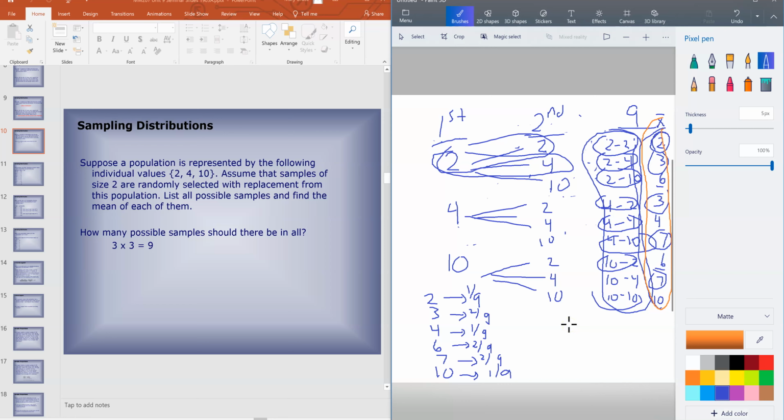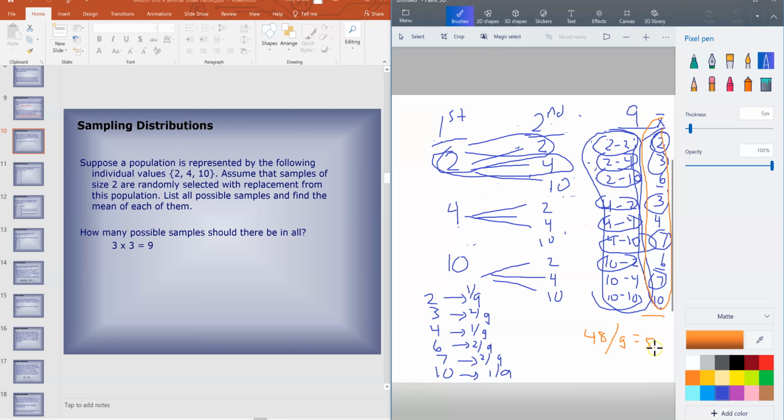Let me grab my calculator. All right, so if you add up and average out all the possible sample means, I end up adding these up and getting 48, but since there's 9 of them, I divide by 9, and 48 divided by 9 is also 5.3.